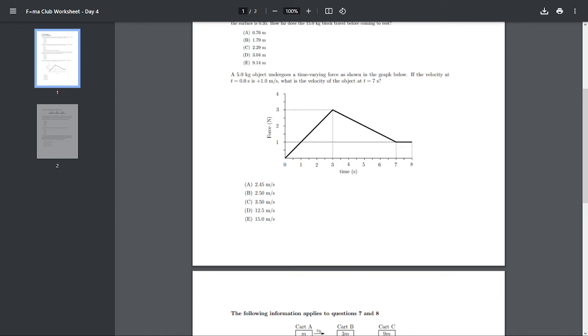Just gonna get a haphazard drawing of this. So we have some force there, then we have something that's more like that, and then we have a little bit here. So how this graph goes is this is 1, 2, 3.